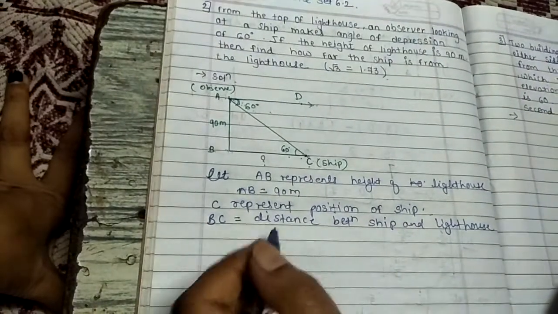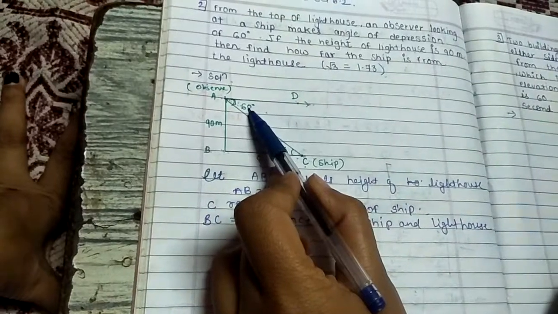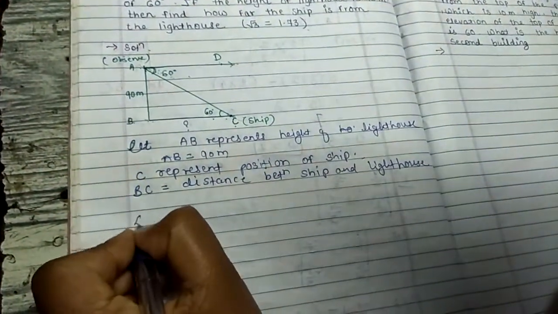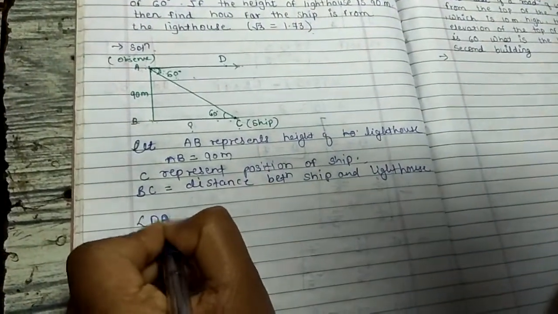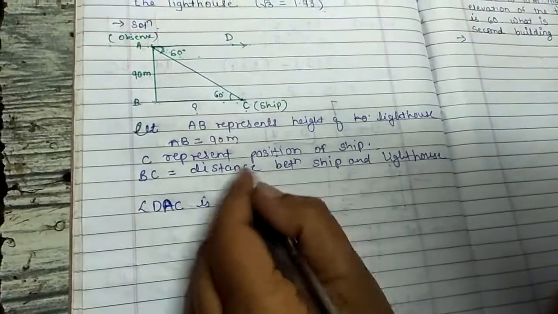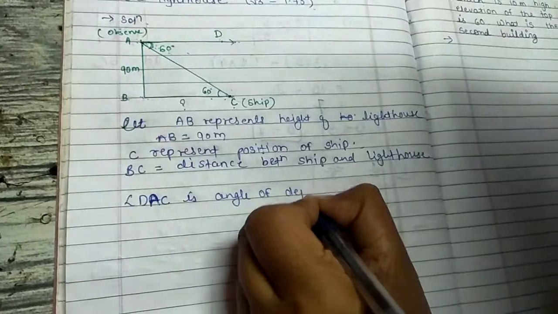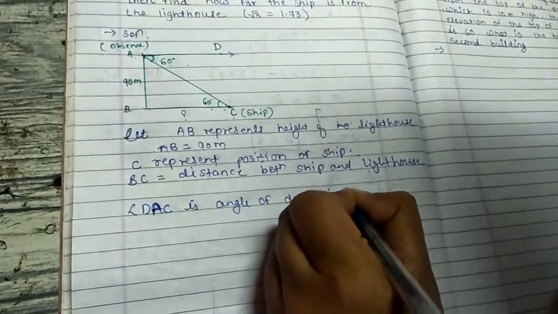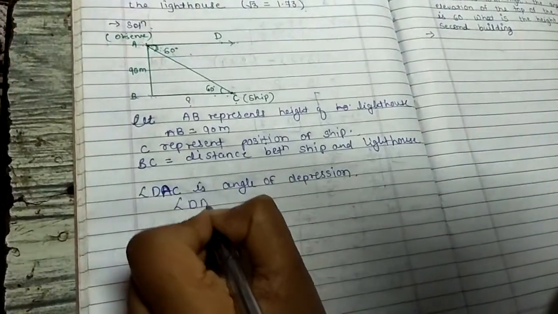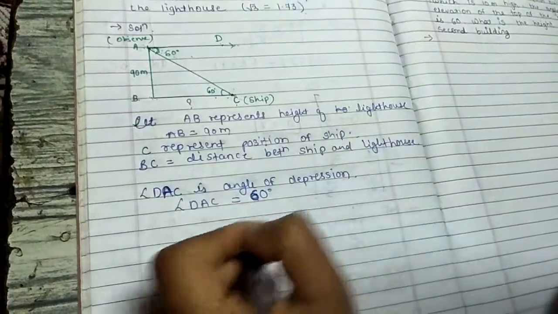So now here we are going to say, which angle? This angle. First we see this angle because the observer is standing here. So here angle DAC is angle of depression, and that angle is nothing but 60 degrees.